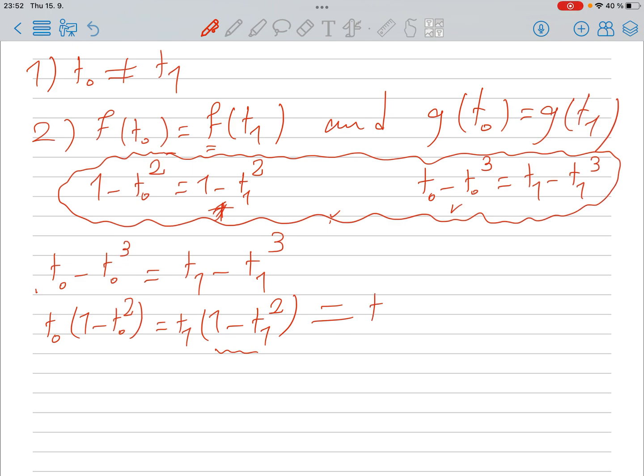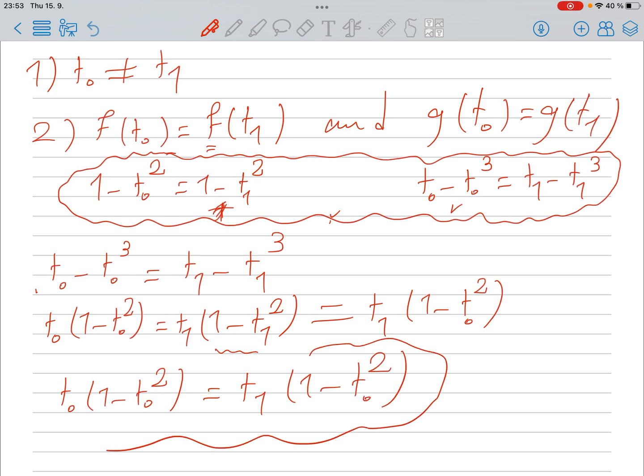Therefore, we have t1 times 1 minus t0 squared, right? So what we have here is t0 times 1 minus t0 squared is equal to t1 times 1 minus t0 squared, right? Here we go.